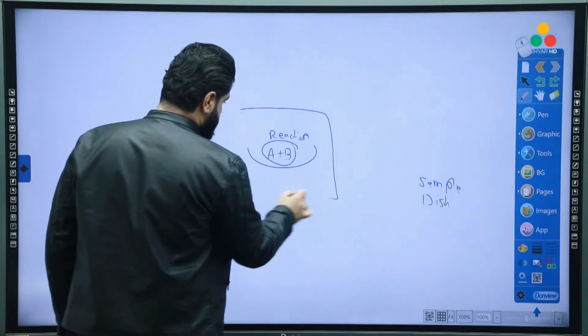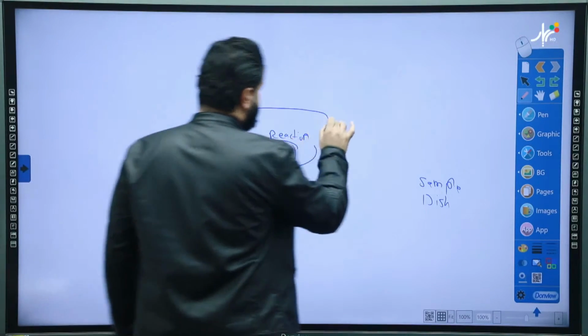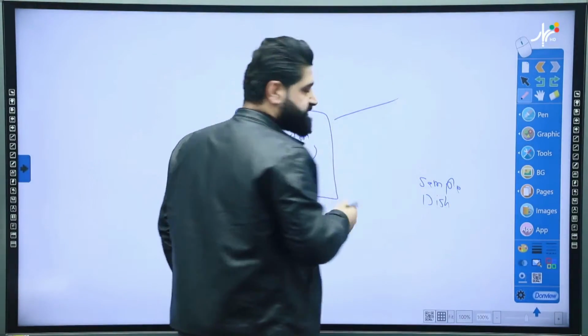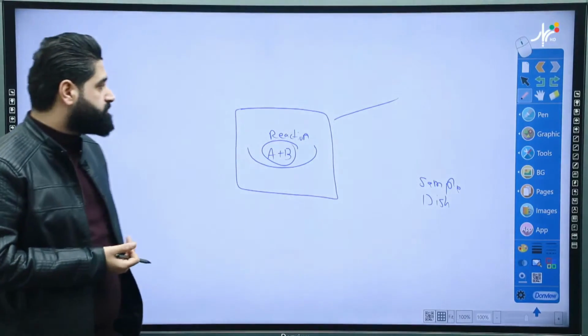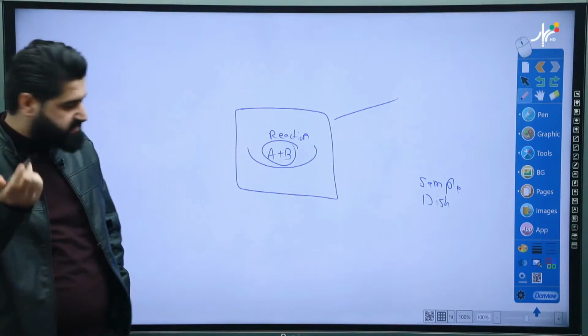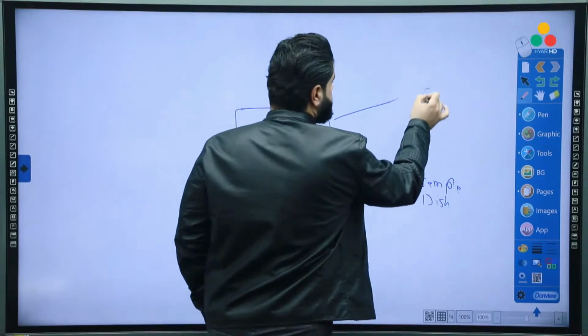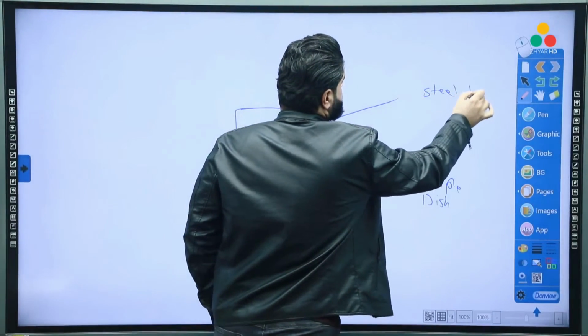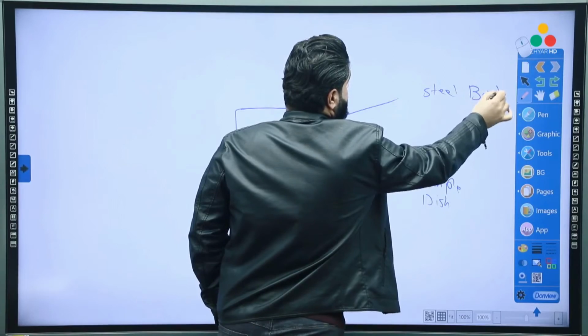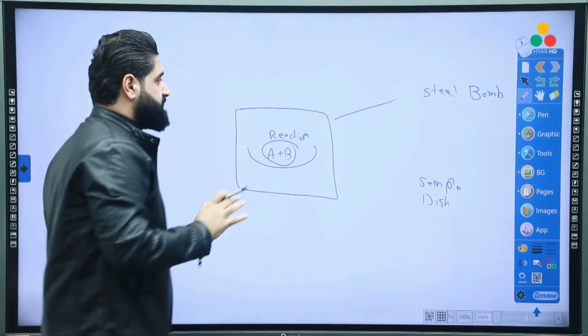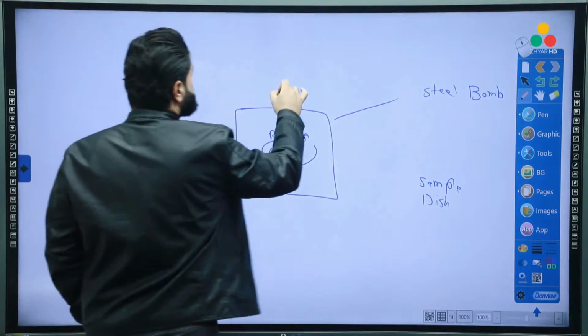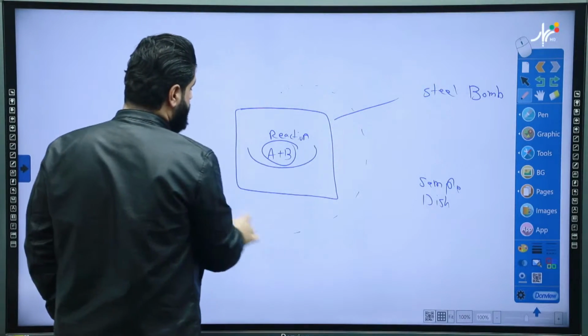That's why we will put the sample dish in something called a steel bomb. Why a steel bomb? Because inside of it there will be a reaction. And then we will surround the steel bomb by water.